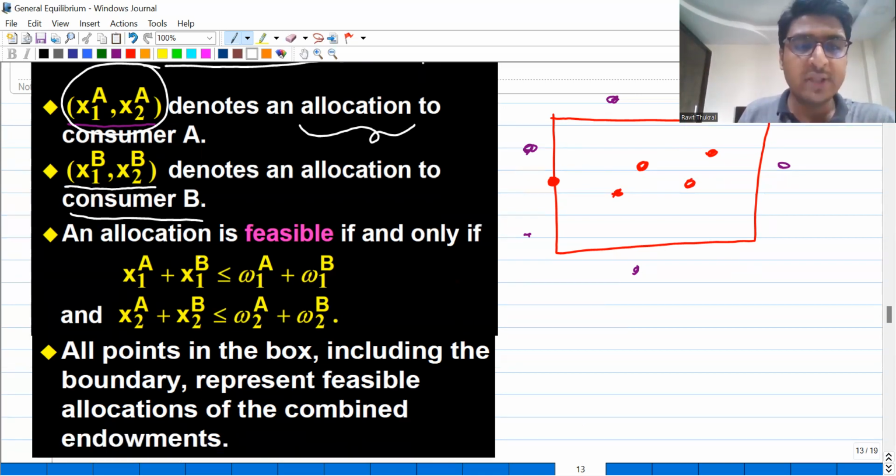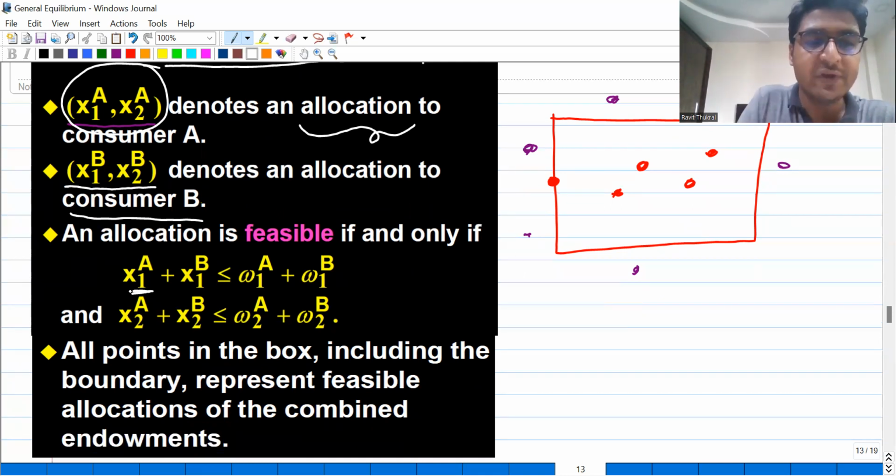So this is the amount that this consumer can consume. So obviously, total consumption cannot be more than the total endowment in this economy. So good one consumed by individual A plus good one consumed by individual B. तो ये आ गया आपके पास total consumption of good one in the economy, okay, which is the sum of consumption by A and consumption by B of good one.